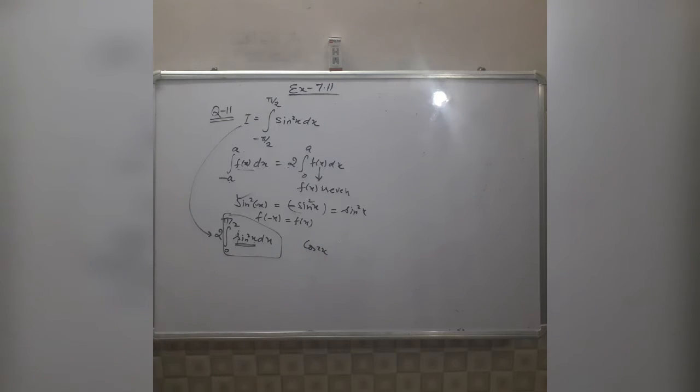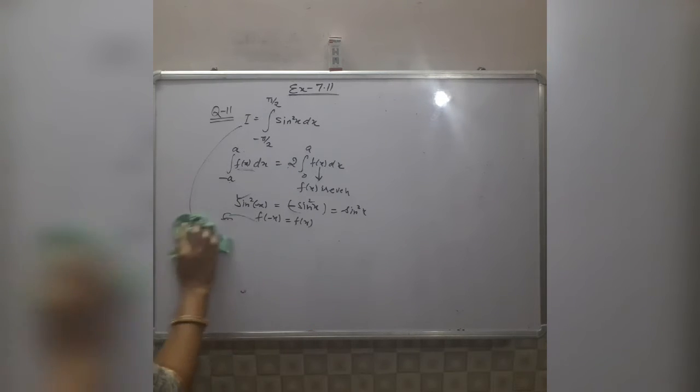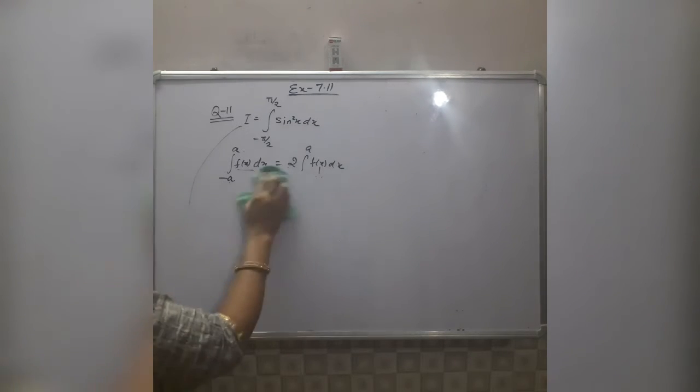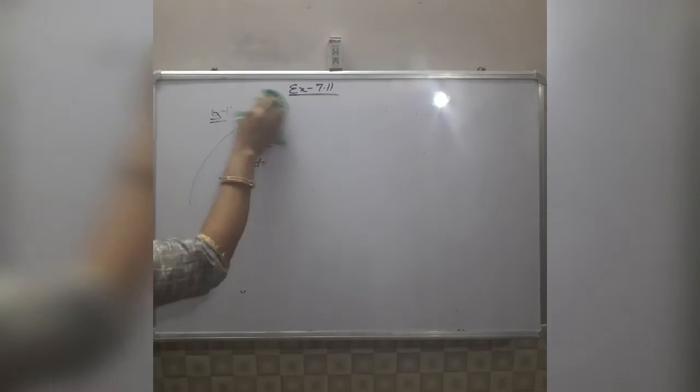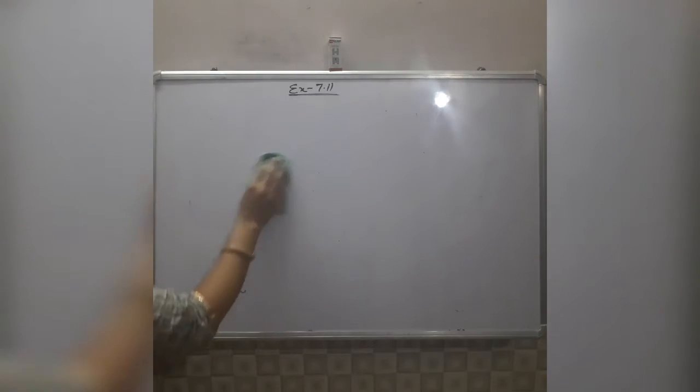Sine square x can be written as (1 minus cos 2x) by 2, and after that integrate it, then upper limit minus lower limit and simplify it, it gives you the value of integration. I will not completely solve it, already all of you have done up to exercise 7.10 very well. If you have done up to exercise 7.10, then very easily you can complete it.